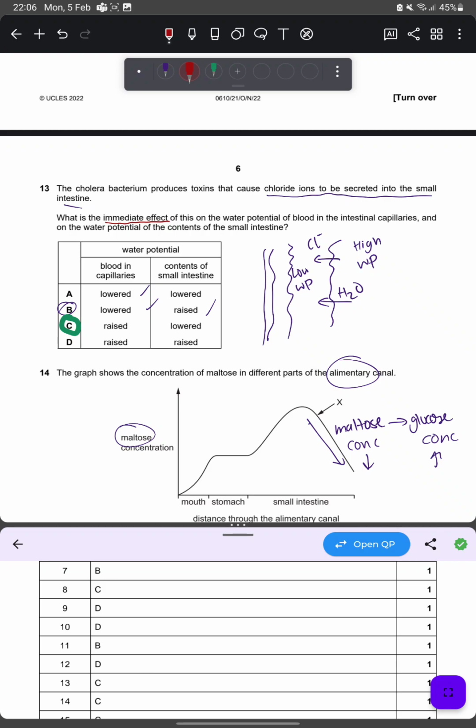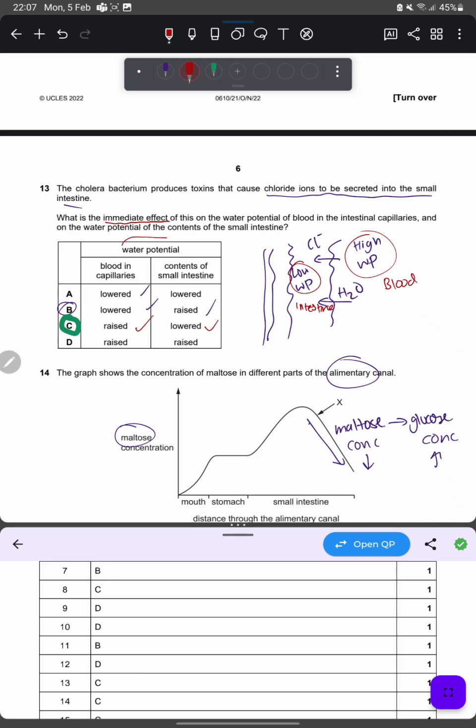Oh wait, I literally wrote it correctly. It would be high water potential and a low water potential, so it should be lowered and high. This is in the blood. This is in the intestine. Why can't I read my own writing? So the contents of the small intestine would be lowered, but if there's more water, it should be raised.